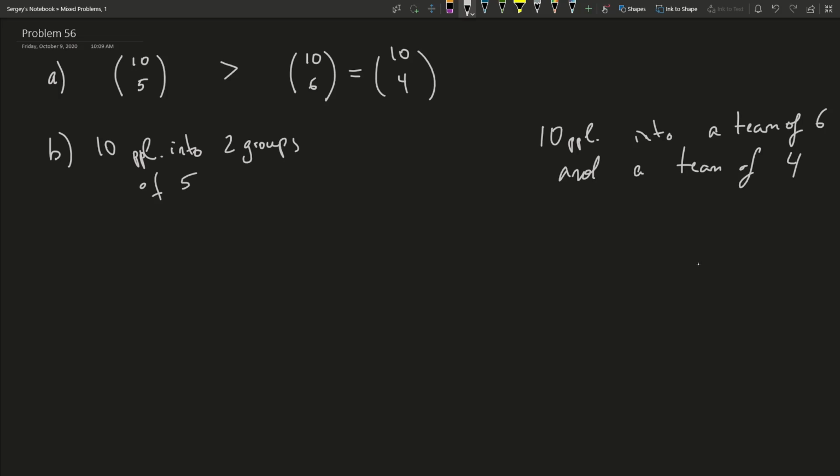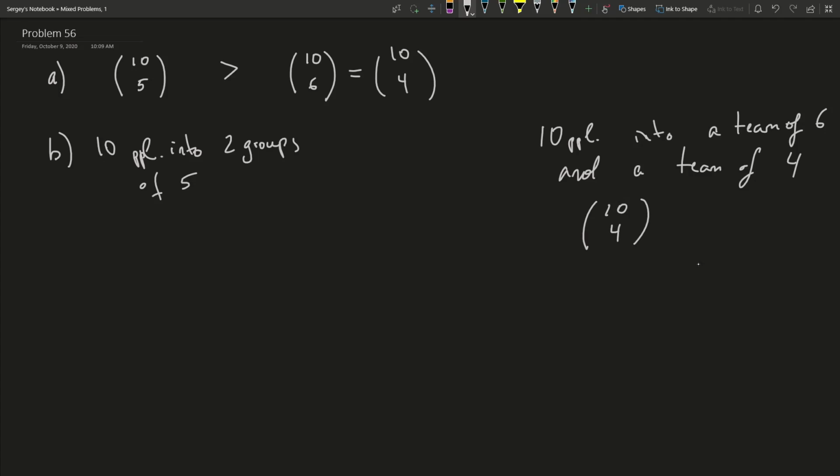Now, let's start with the right side here. If out of these 10 people we select 4, the 6 that go on the other team are determined. So the number of ways to break these 10 people into a team of 6 and a team of 4 is the same as the number of ways of picking 4 people out of 10. And so that is 10 choose 4.